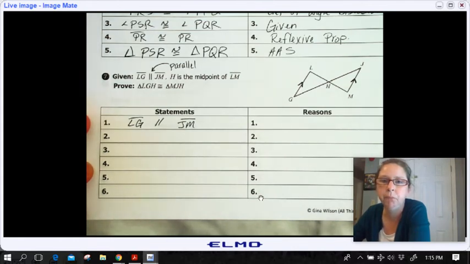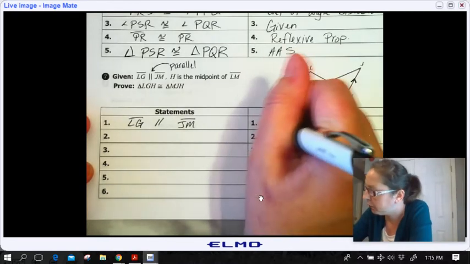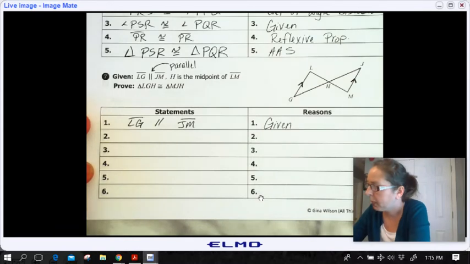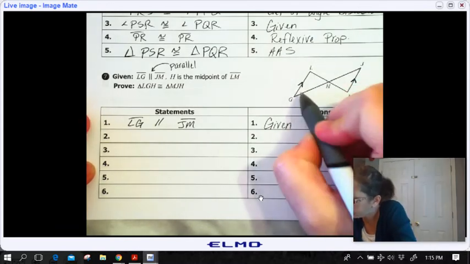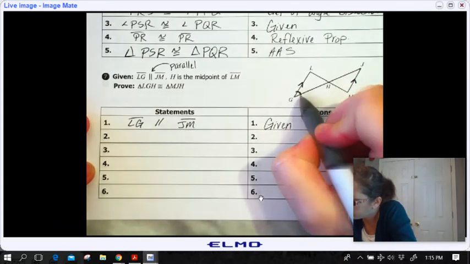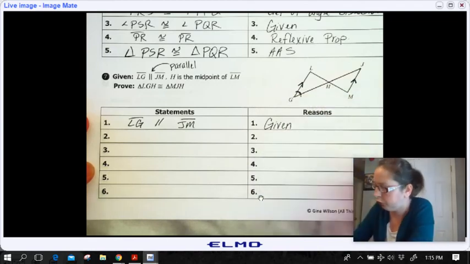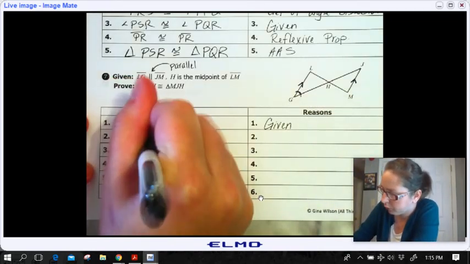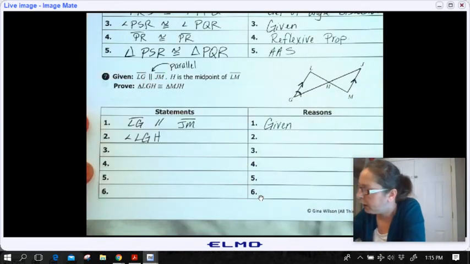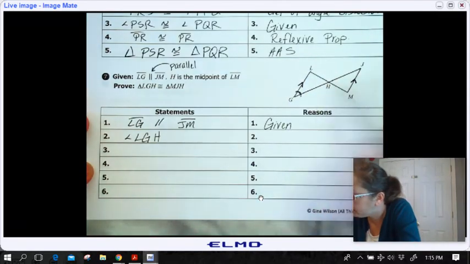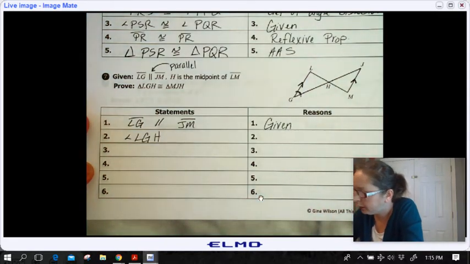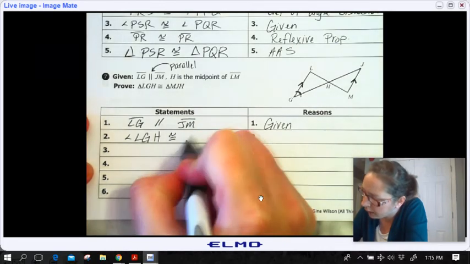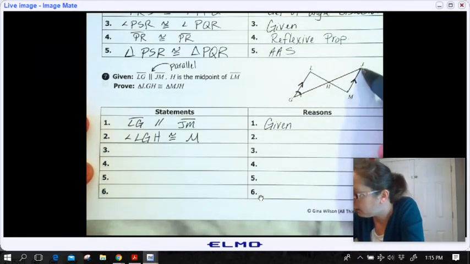Alrighty. So if these are parallel lines, and that's given, I'm going to say that angle LGH is going to be congruent to angle MLH.